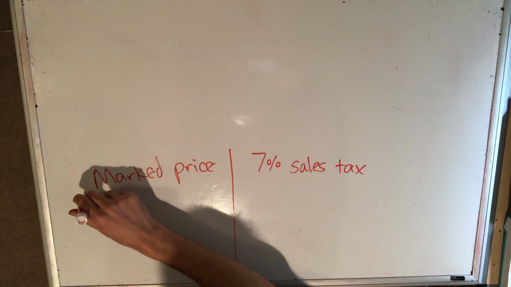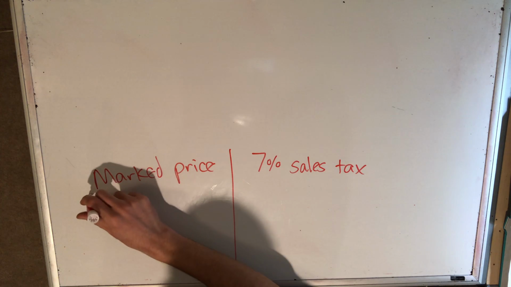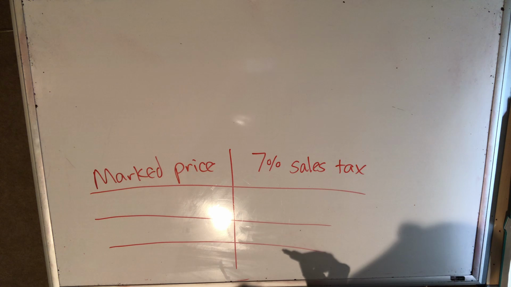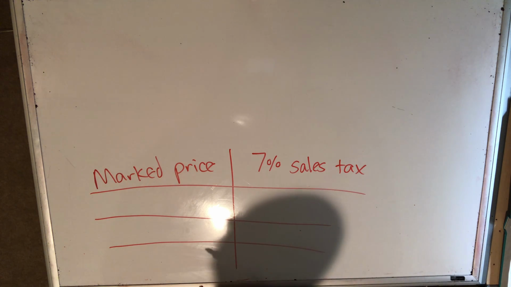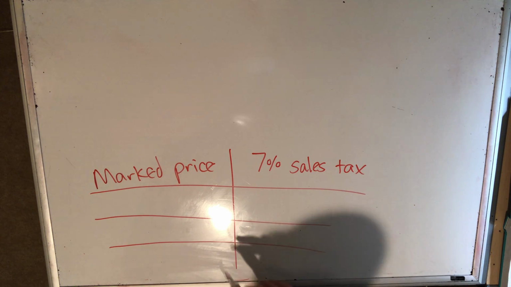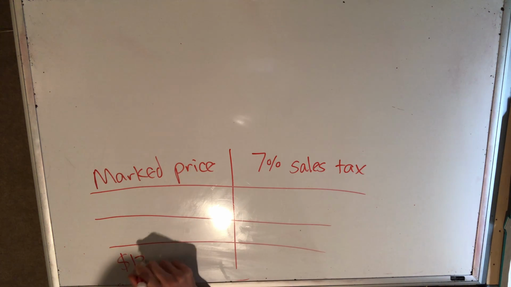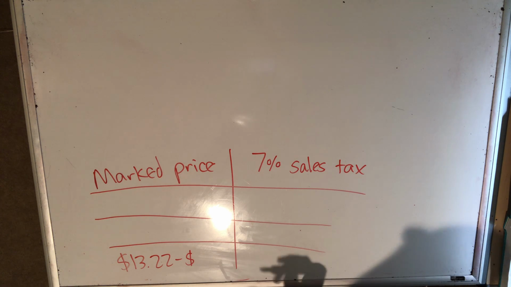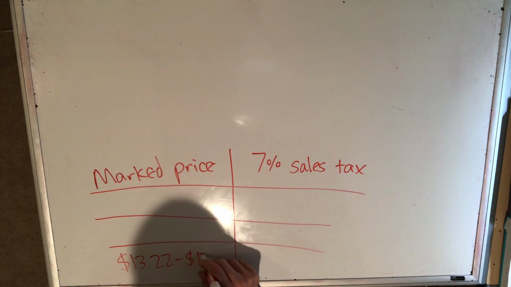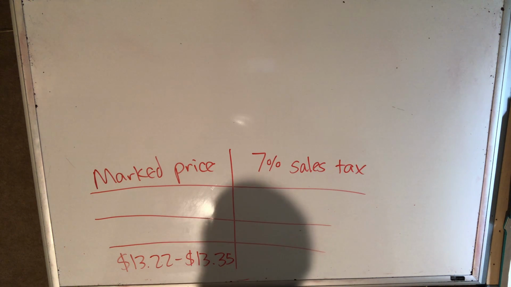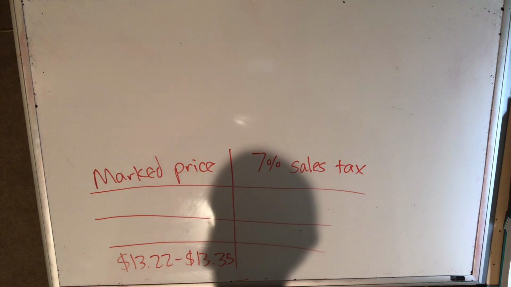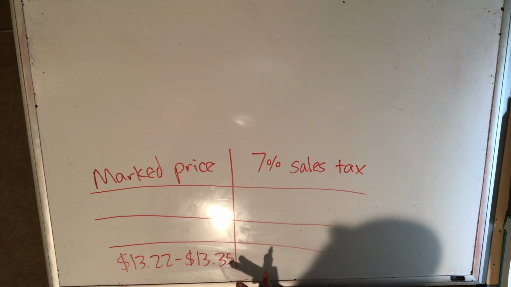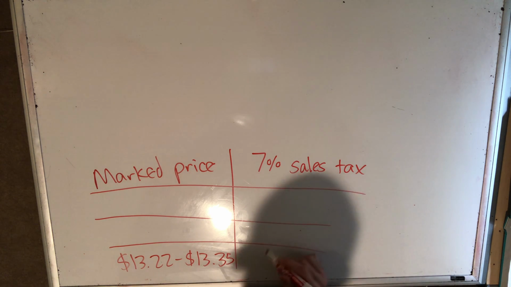In the third row of the table, it's items that have a marked or listed price between $13.22 and $13.35. If you calculate the 7% sales tax, it's going to round it to the nearest cent. It's $0.93.